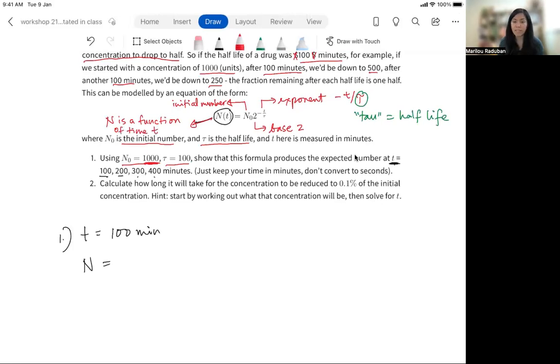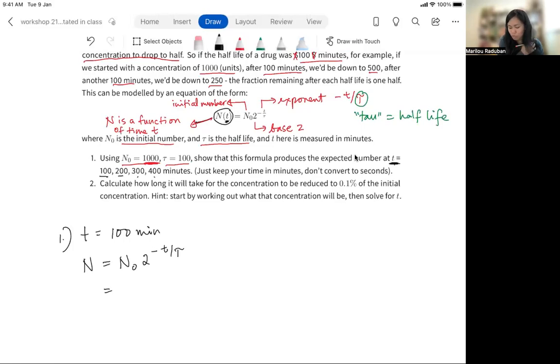It doesn't mean N times t. If it's confusing, you can just write the equation as N equals N0 times 2 to the exponent negative t over tau. It doesn't change the equation. The bracket t just means that the concentration changes with time.